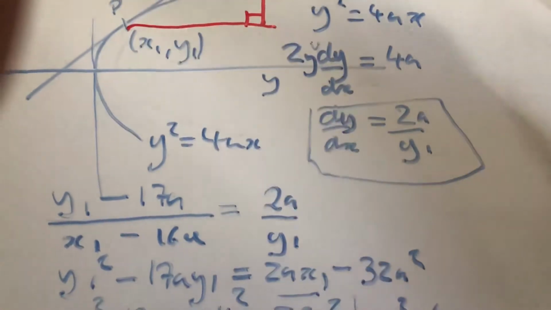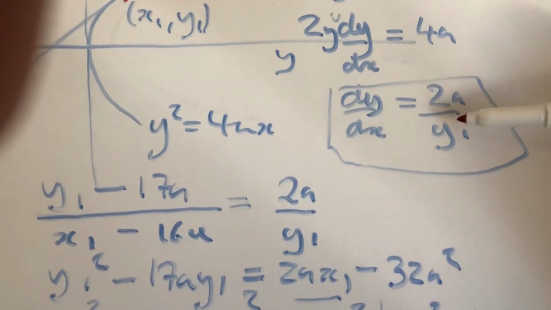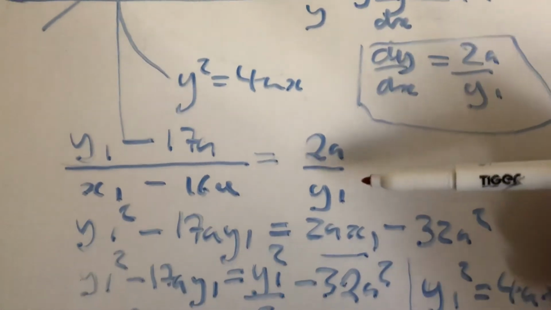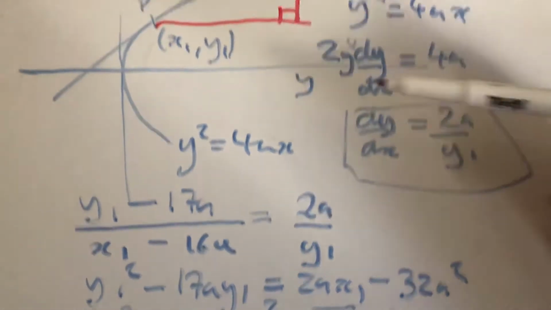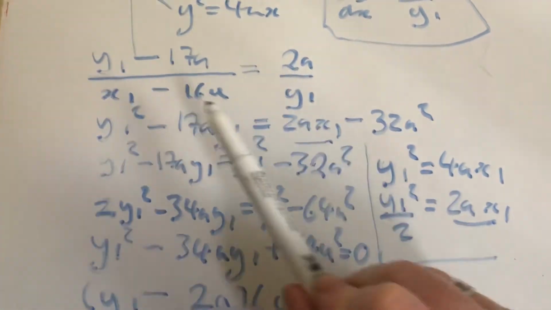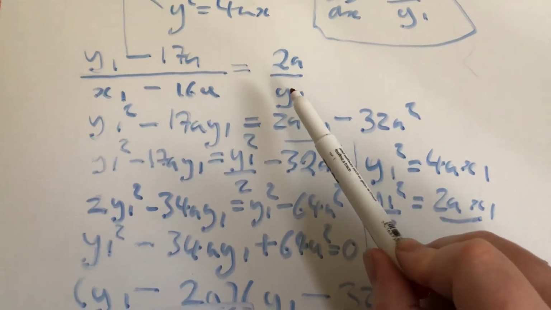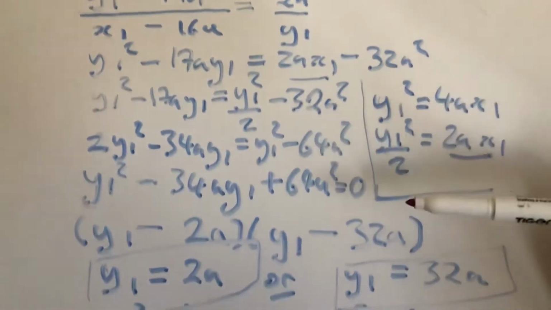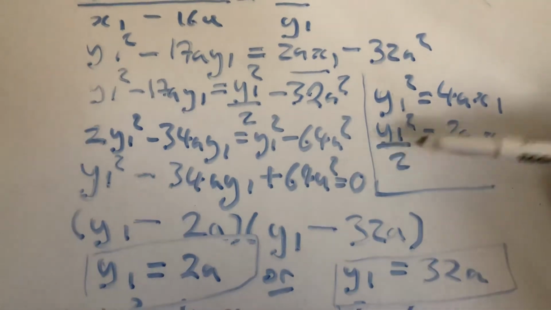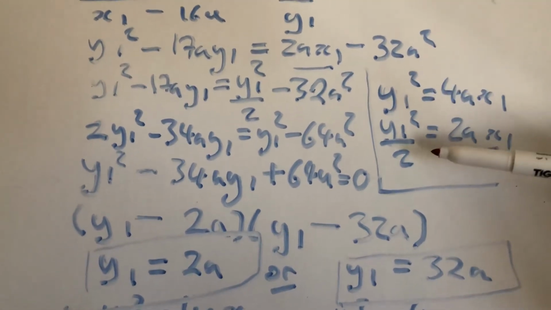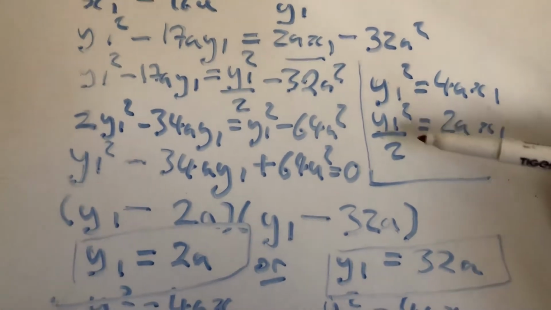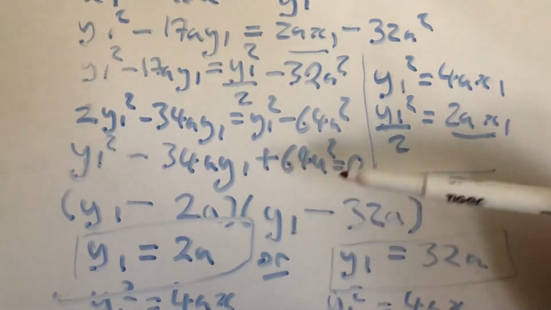So you can see with this working here, we've got the gradient first of all that's taken from the equation of the parabola. We then work out what the gradient is for the line, always with reference to this point. You equate the two, so we've got the gradient of the line equated to the gradient of the parabola. Comes up with a quadratic equation. Substitute where necessary to put it in terms of just one variable, y1 and y1 squared.